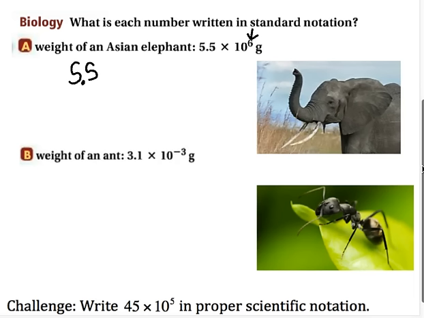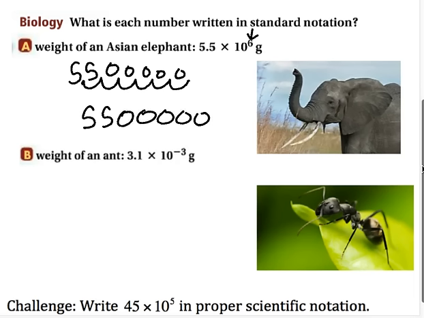Now, moving it 6 places, I'm going to move it 6 in the positive direction, okay? So 1, 2, 3, 4, 5, 6. And anywhere that you see a hole, any hole gets filled with zeros. So this is going to get 5 zeros added onto it. And I'm going to get that for its standard notation.